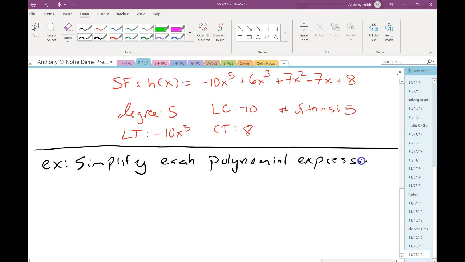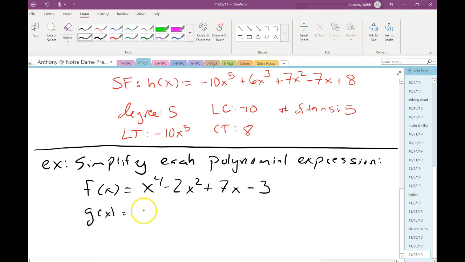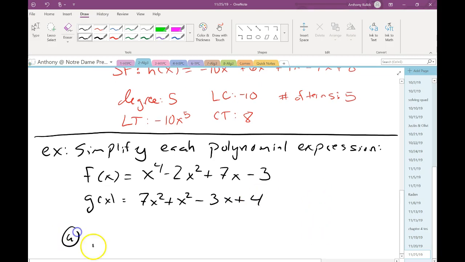So next we'll simplify each polynomial expression. So I'm going to define an f of x and a g of x. So for the first one, we're going to figure out what f plus g of x is.